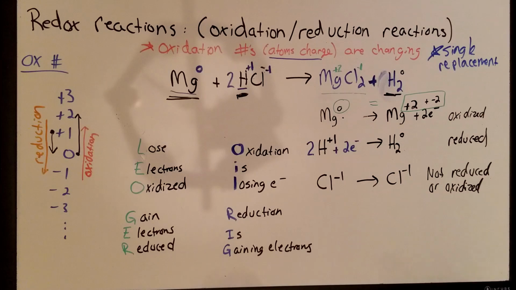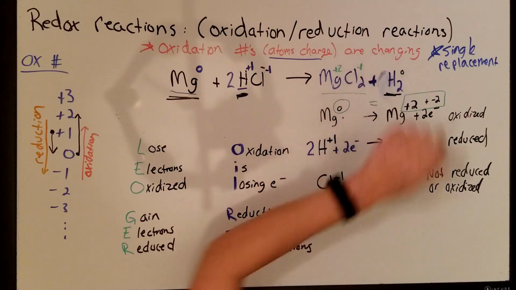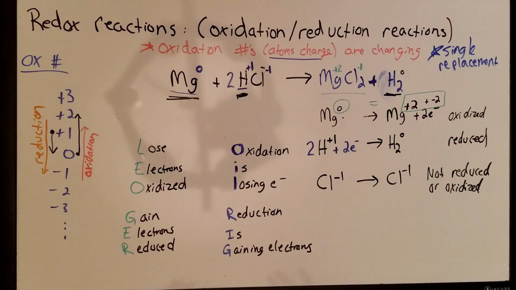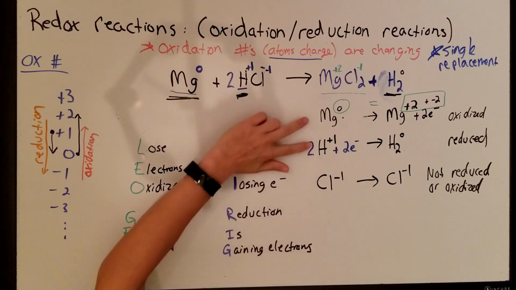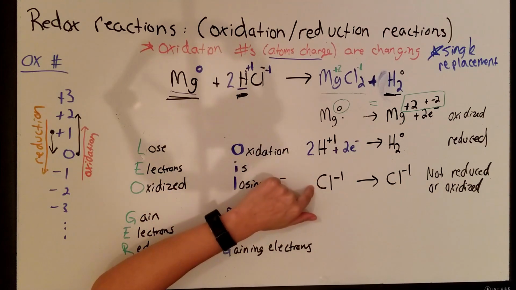It just stayed the same, because for it to be reduced or oxidized, its oxidation number, its charge, needs to change, and it didn't. So there's always going to be, in these examples in class, one that's oxidized, one that's reduced, and one that stays the same.